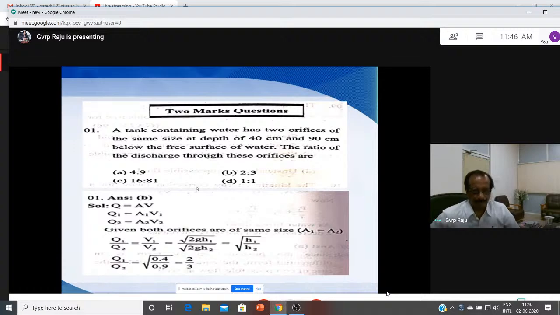First question. A tank containing water has 2 orifices of the same size at depths of 40 centimeters and 90 centimeters.